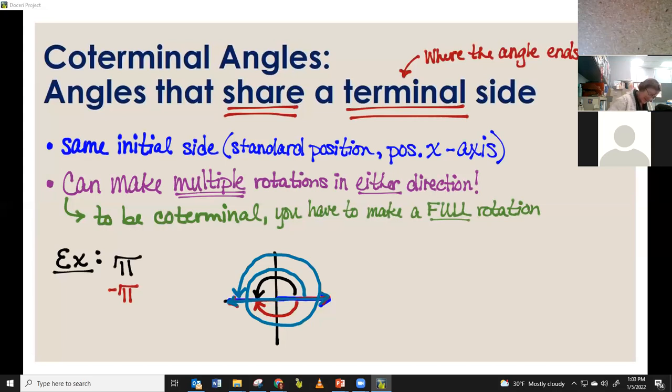Absolutely correct, Kalia. That would be 3 pi radians. Those 3 angles are all coterminal. They have the same beginning and ending position, different number of rotations and or different direction, but same beginning and ending position. Does that make sense? Did that help clear it up a little bit?